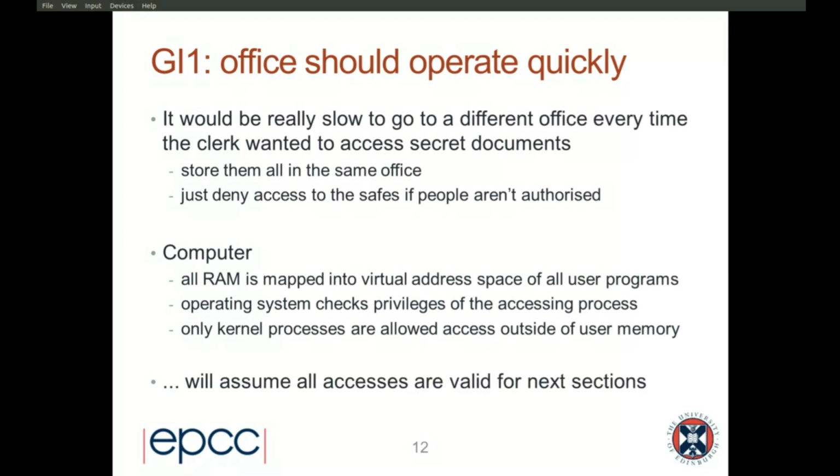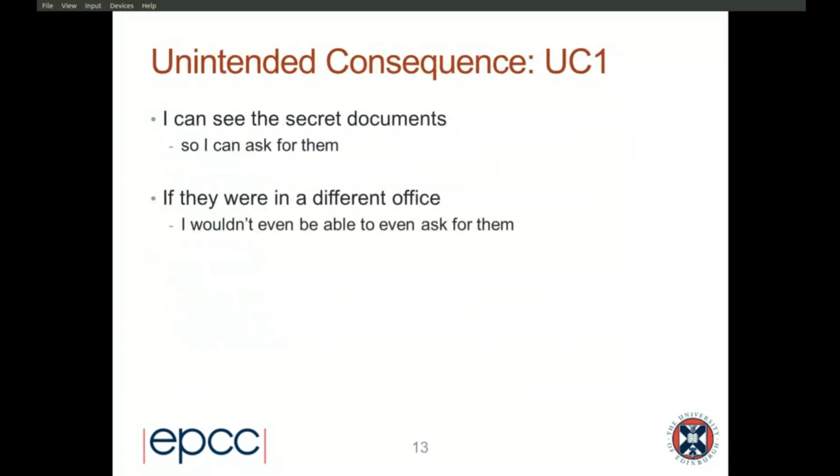From now on, we'll assume that all accesses are valid just for ease of operation. So the unintended consequence of that is that I can see the secret documents. I'm in the office, there's some secret documents there, I can ask for them. If we stored them somewhere else in a different office, I wouldn't even know they existed. So that's the analogy I'm going to use here.